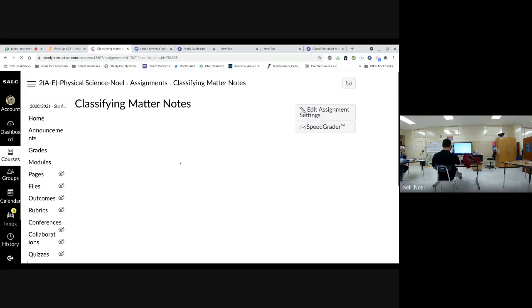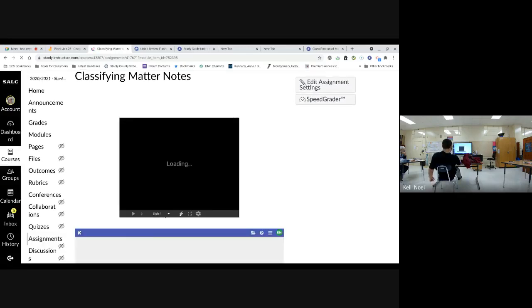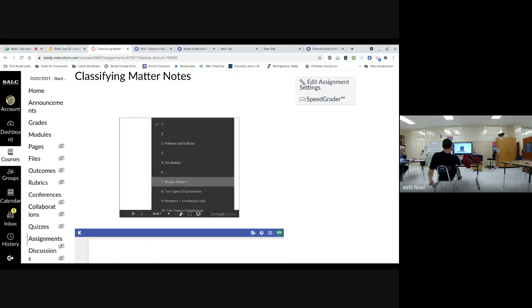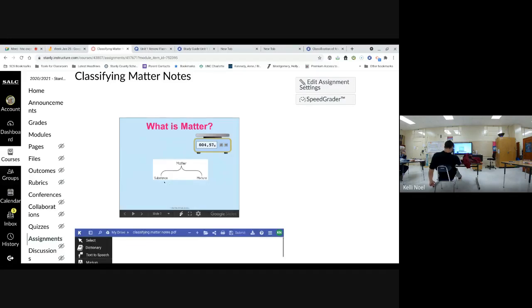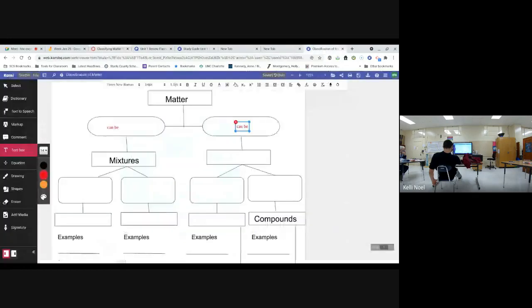If you look in the PowerPoint, I'm going to go down to 7. What is the other? Mixture and substance. So way over here, we're going to put substance. If you want to make that a little bit bigger, you can, you don't have to. You're going to type substance. All right, so matter can be mixtures, matter can be a substance.